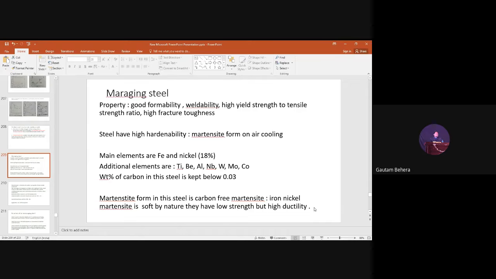But whenever we have a martensitic transformation, two things always happen. One is the shear. Shear means there will be a plastic deformation, right? Only the parent lattice will get deformed plastically.